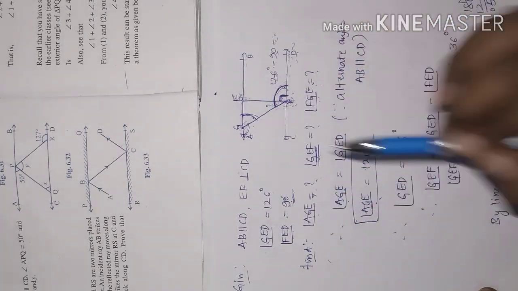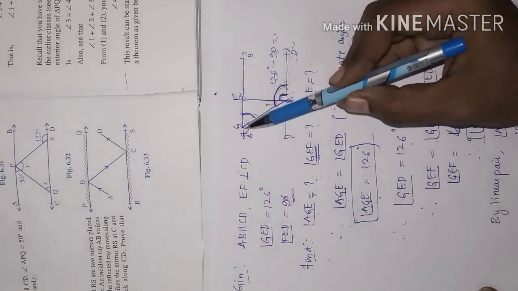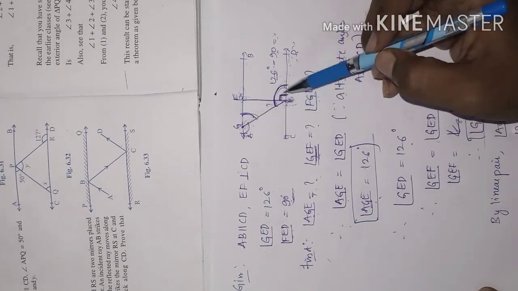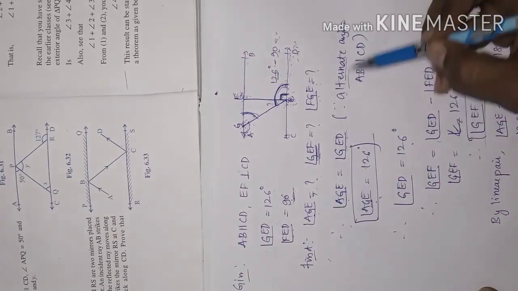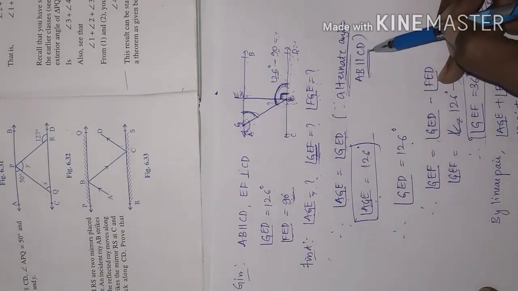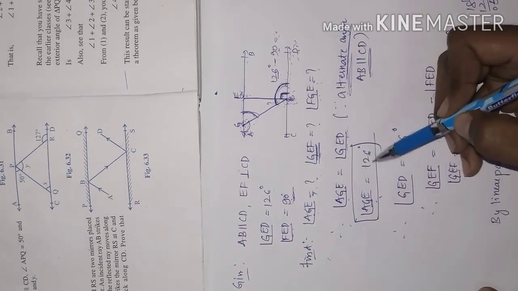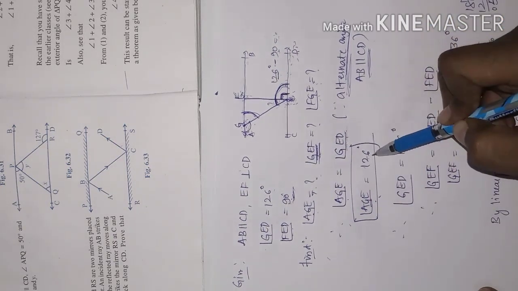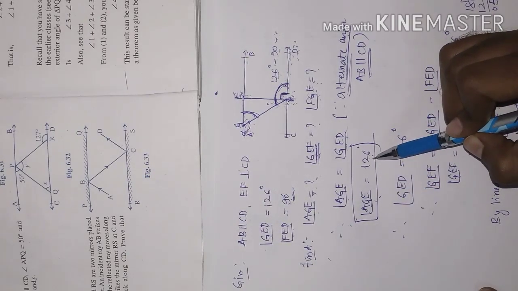These three we should find. First, by alternate angles, AGE and GED are equal, because AB is parallel to CD. GED we know is 126, so in the place of GED we place 126. So angle AGE is equal to 126.